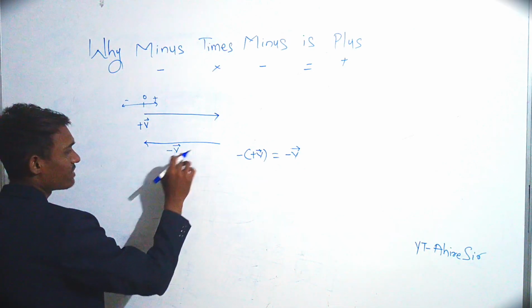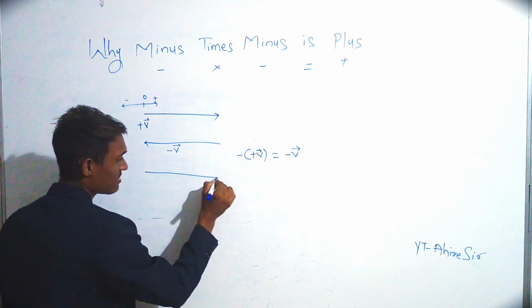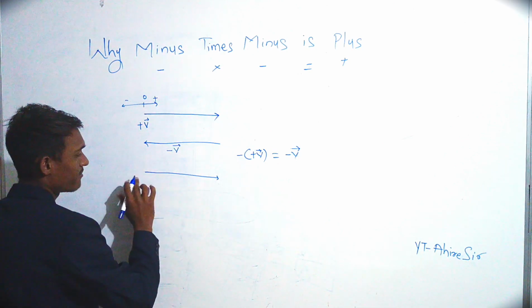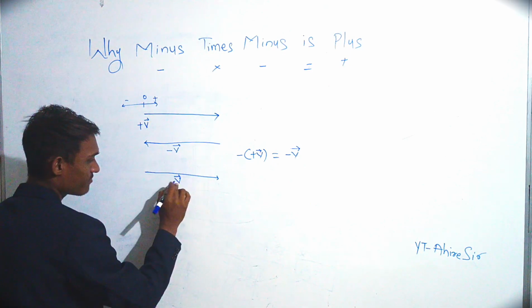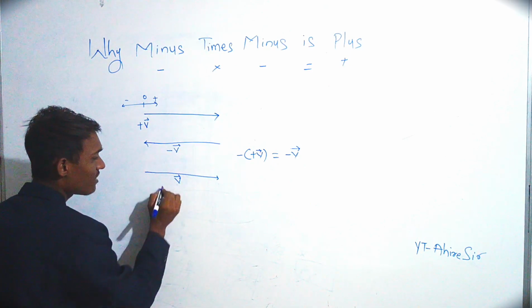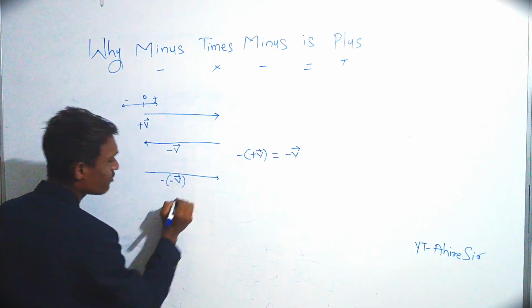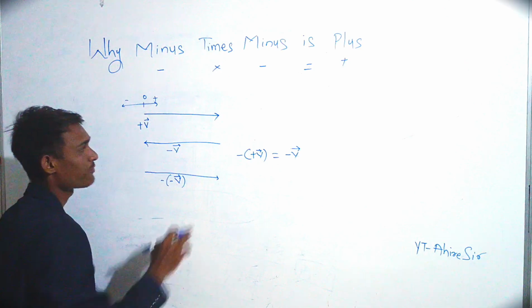Again we take the negative of the negative v, so the direction will be like that, and the magnitude is the same as above. We take a negative of a negative v.